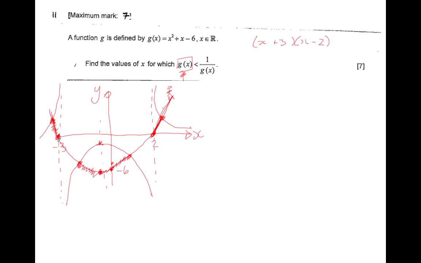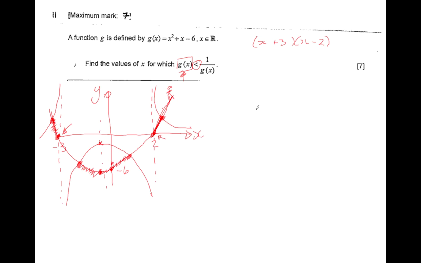Okay, and then we're going to match the sign of the inequality here. We can't ever have them being the same, and obviously at 2 here and 3 here, for these particular x values, the reciprocal function is undefined, so they're not going to form any part of the inequality.